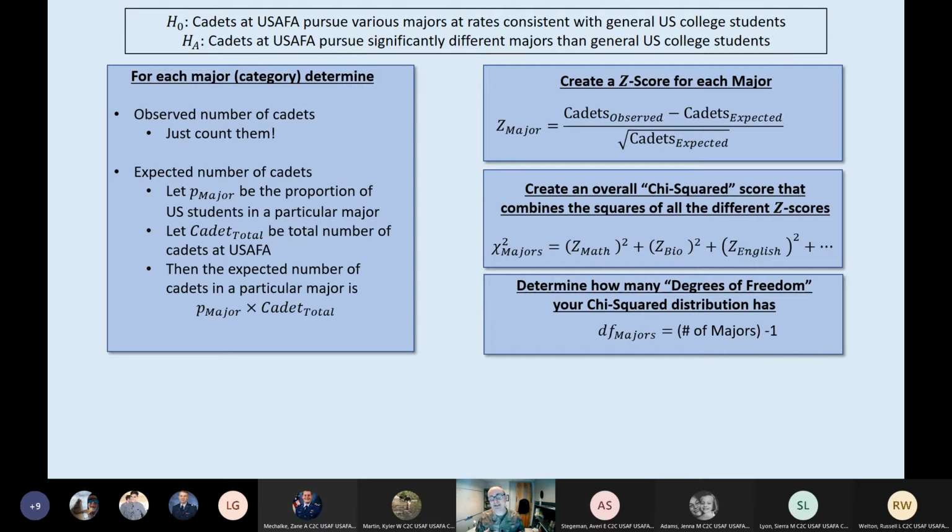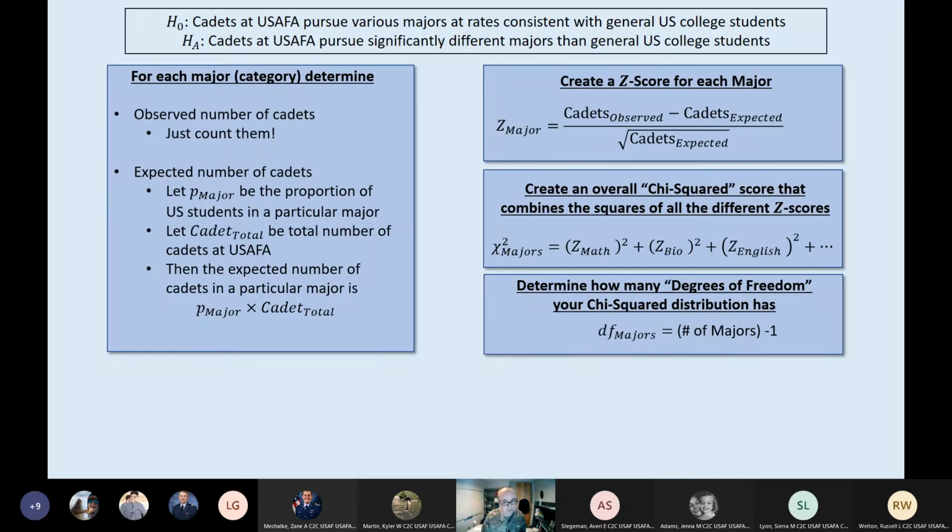So that's where the degrees of freedom come from, in a very hand-wavy way. If you want to get deeper into it, by all means send me a message. We can talk, and I can give you more specifics. But that's generally why it is 1 less than the number of categories we have.